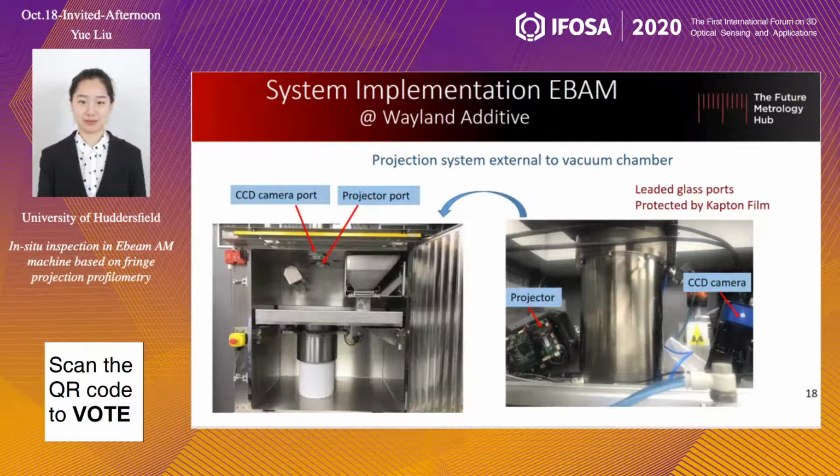That is the real electron beam machine. Because the melting source is an electron beam, the inside of the chamber is vacuum. So we put our system on the top of the machine and view the powder bed and finished parts through these two ports to finish the test.